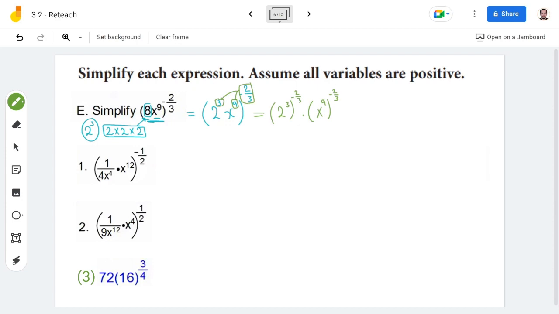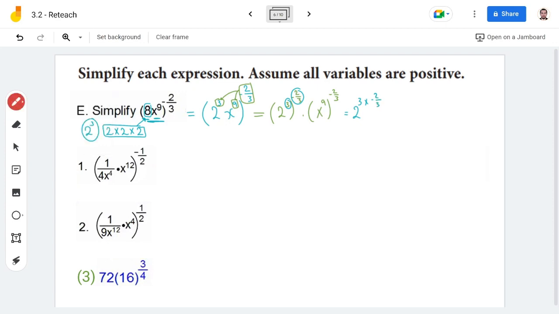Then let's multiply the powers together, because we know this one is multiplied with this one here. So 2 to the power of 3 times negative 2 over 3. This is for the first one.